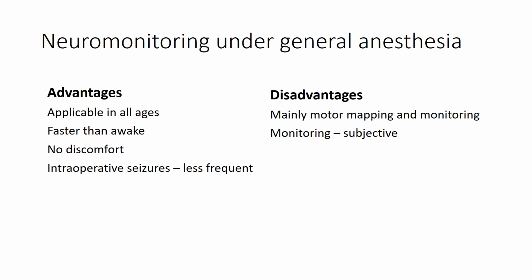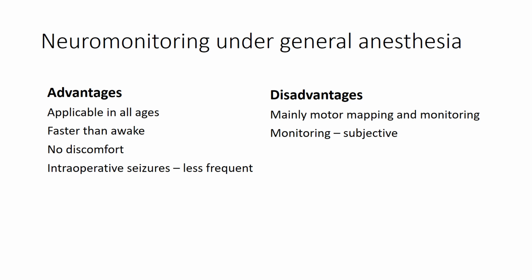In some published series, they're not even documented. So some say that they don't have intraoperative seizures with these techniques. We have some, but they're much less than with awake. And even if you have intraoperative seizures, they're milder and easier to handle, and almost instantly you are able to continue monitoring and mapping.